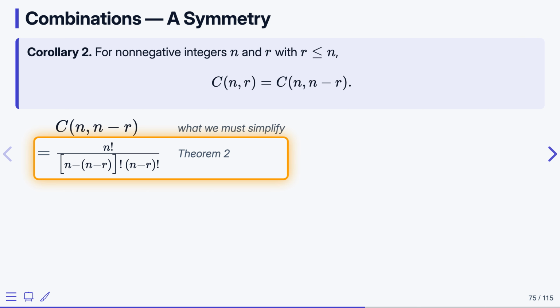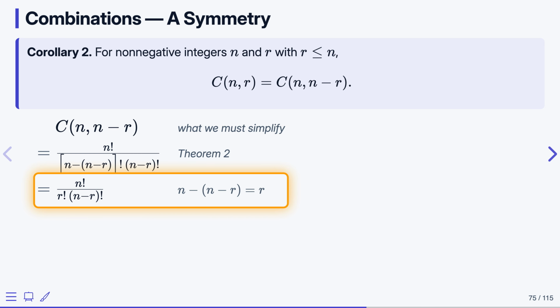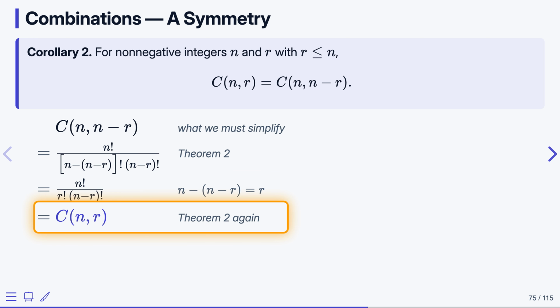The bottom becomes (n minus r) factorial times (n minus (n minus r)) factorial. Line 3. Simplify that bracket. n minus (n minus r) is just r. Line 4. Now the bottom is r factorial times (n minus r) factorial, which is theorem 2 for C(n, r), so the two are equal.